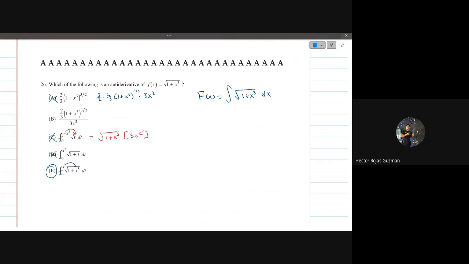And once again, that 3x squared is nowhere to be found. It's not that. Same idea goes with D: 1 plus x cubed times the derivative of the x cubed. Same issue. But when I do it with E, I just get the square root of 1 plus x cubed, and the derivative of x is just a 1. So there's my answer. You know what? Let's just stick with that.